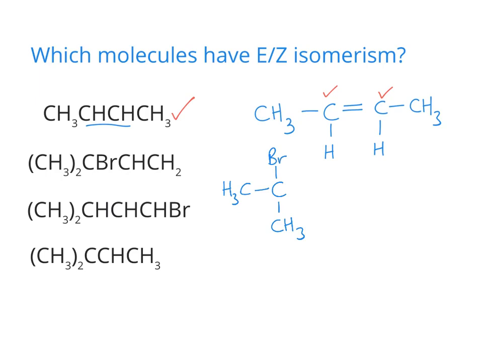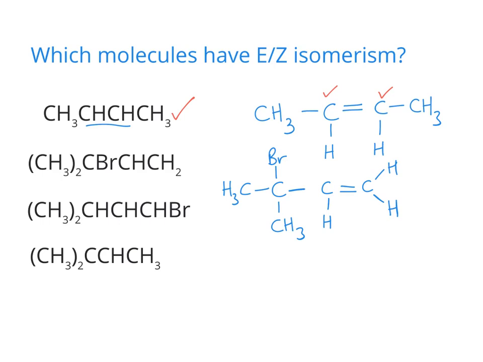So that carbon's got 3 things attached to it. It's not part of the double bond. The next carbon though says C and then H. And then the next carbon has 2 hydrogens, which means looking at these 2 carbons on the right, I can see they don't have enough bonds around them, and that must be where my double bond is in the molecule.